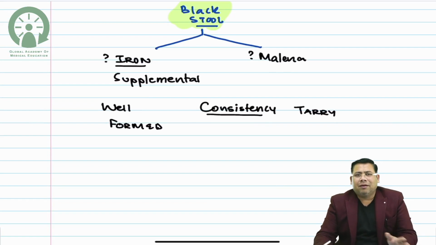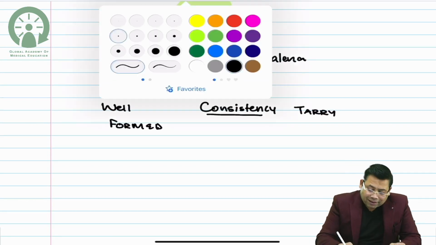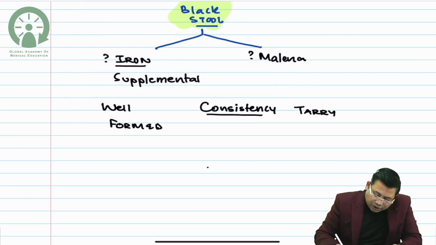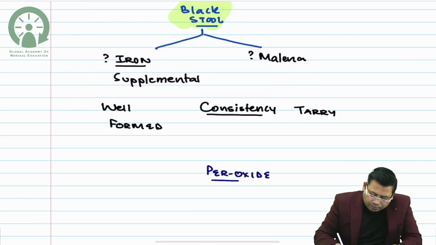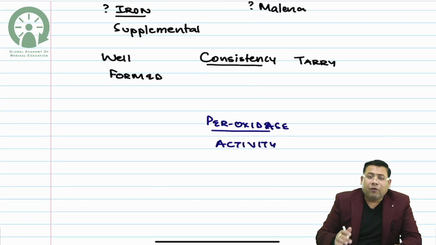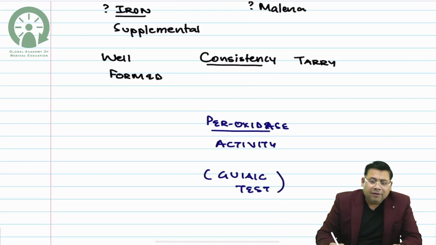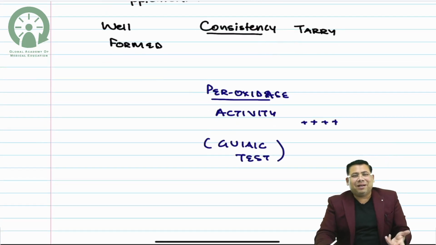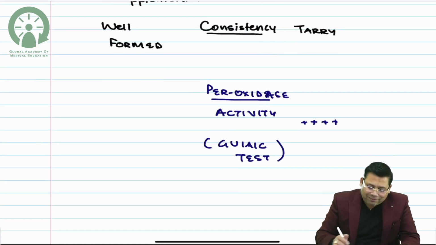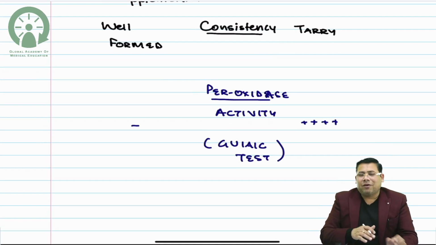The second thing is when you check for the peroxidase activity. So how do you check this peroxidase activity? Now this is very, very important. In this case, we go for a test which is known as the Guaiac test. This test is positive for patients with melena because melena has blood. Iron supplementation black stools don't have blood, and this is why the Guaiac test is negative.